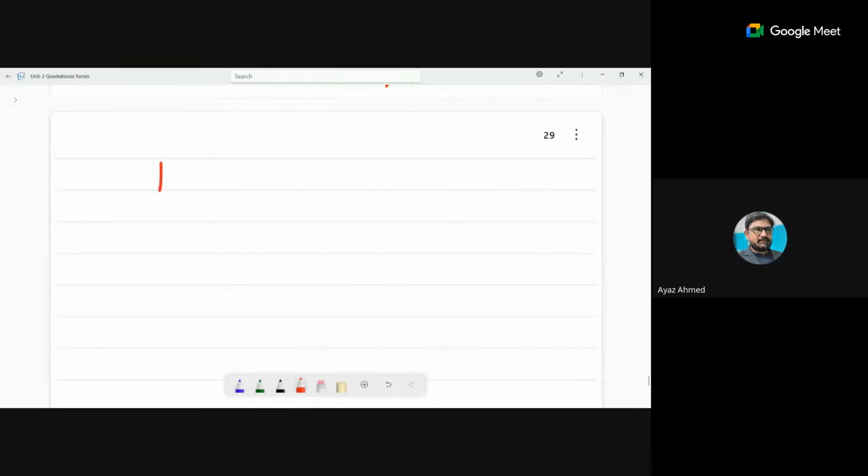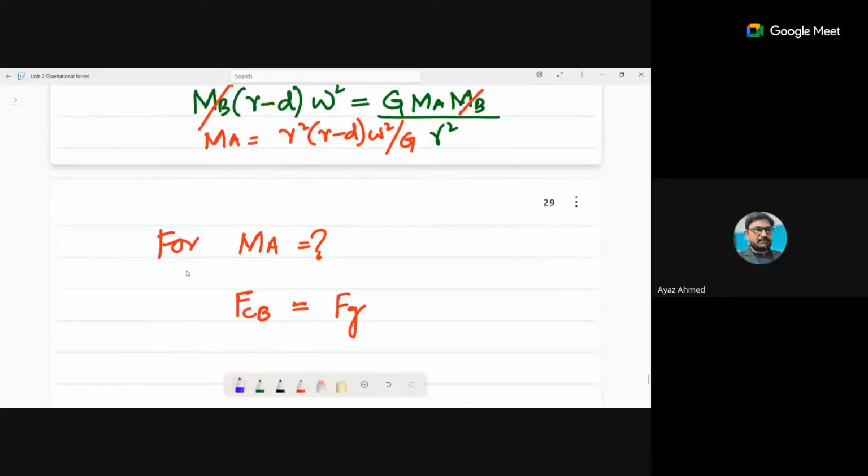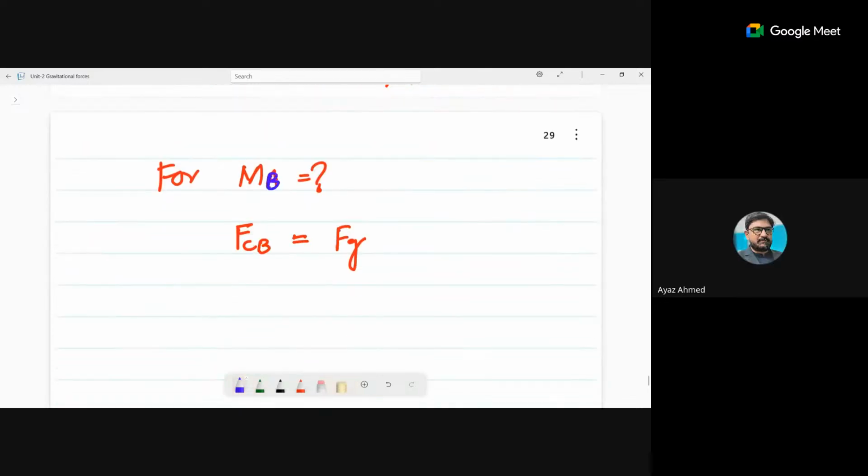Now look, if I want the mass of planet B, I have to put the centripetal force of A equals to Fg.